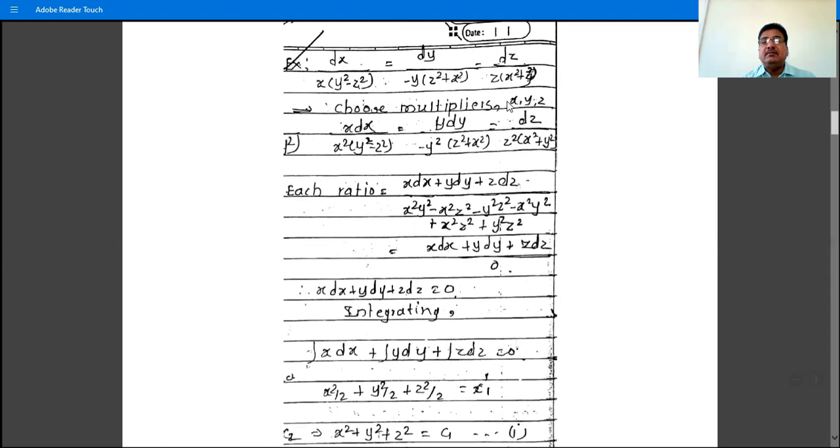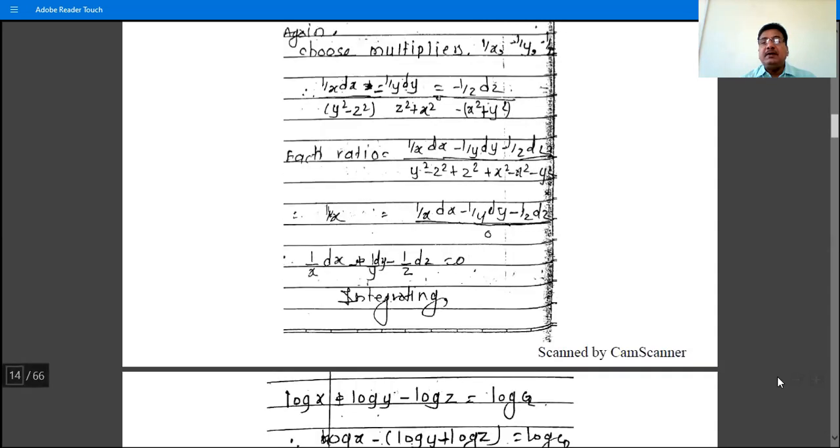If we take the multipliers x², xy, xz and find the solution, we have the same solution, x² plus y² plus z² is equal to c1, because these two sets of multipliers are linearly dependent. So choose two linearly independent multipliers.